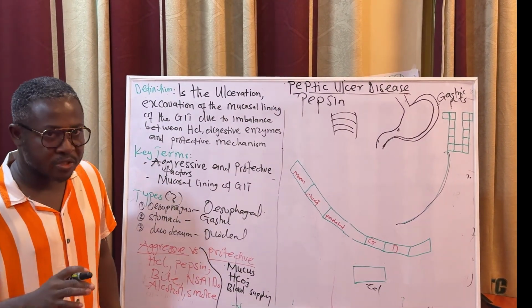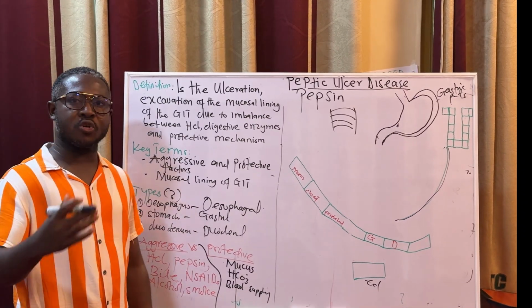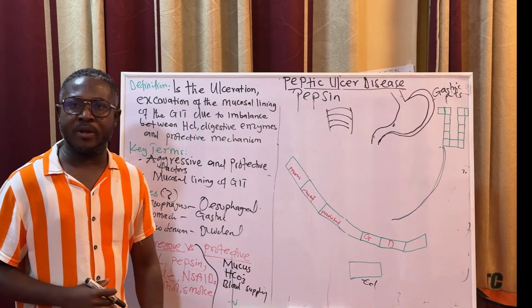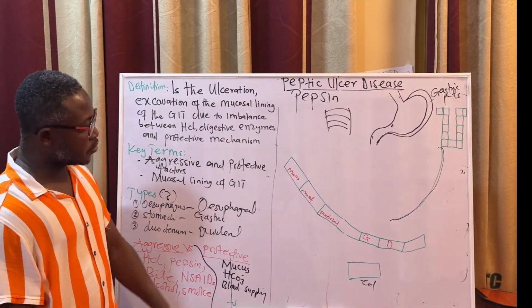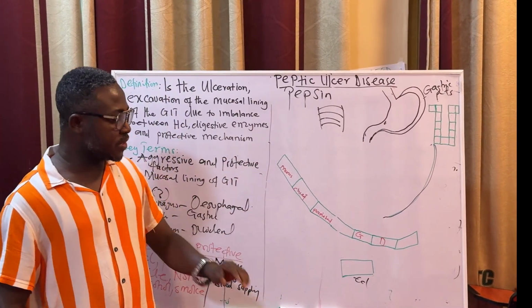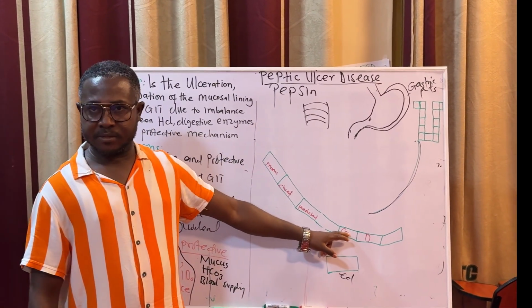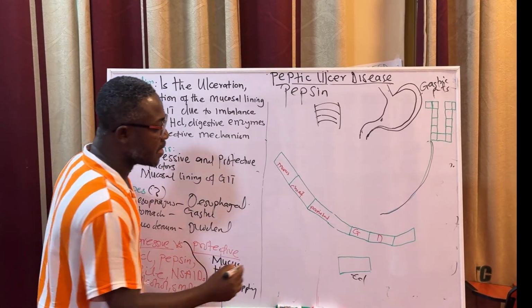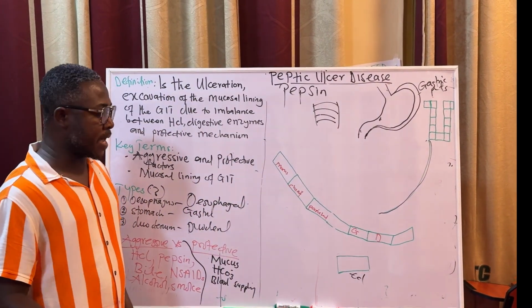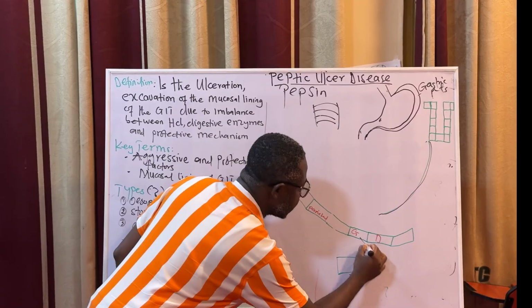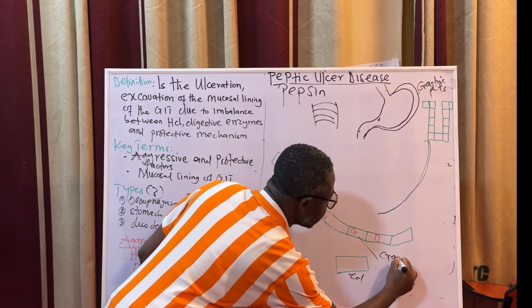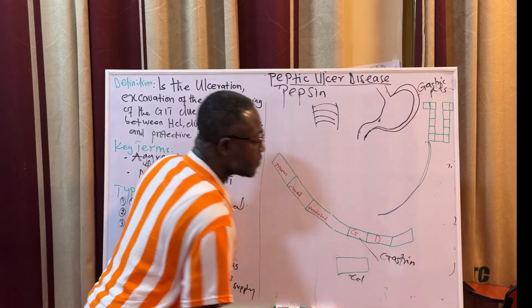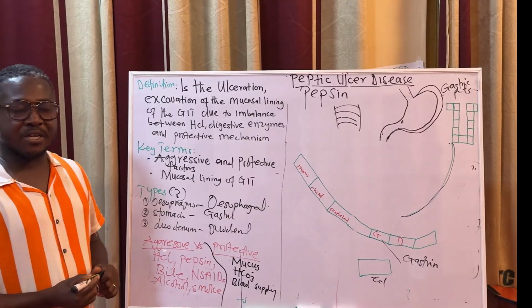So first, let's try to understand how this acid is produced and then released into the lumen of the stomach. We have one cell which is known as the G cells. Now what is the role of these G cells? The G cells secrete a hormone known as gastrin. And what does this gastrin do?